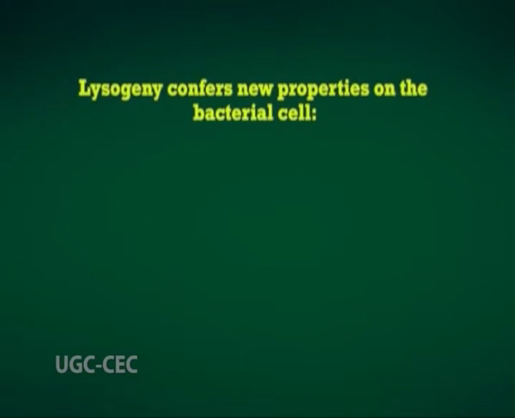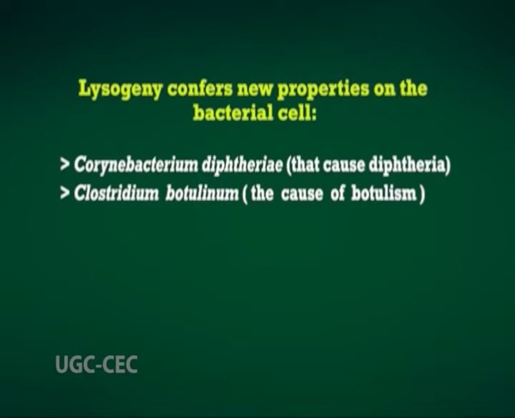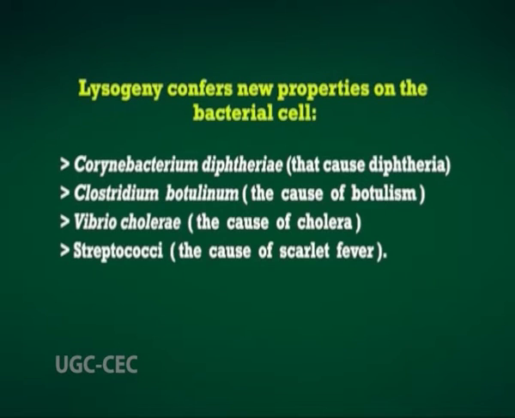For example, Corynebacterium diphtheriae, a bacterium that causes diphtheria, Clostridium botulinum which causes botulism, Vibrio cholerae which causes cholera, and Streptococci that are responsible for a disease known as scarlet fever. Their virulence is in part due to the lysogenic bacteriophage that they harbor.